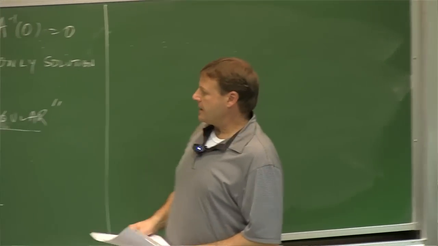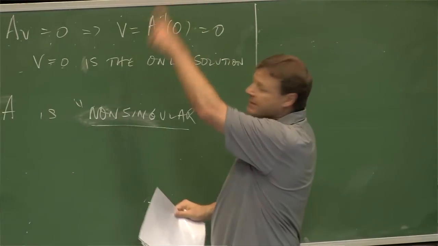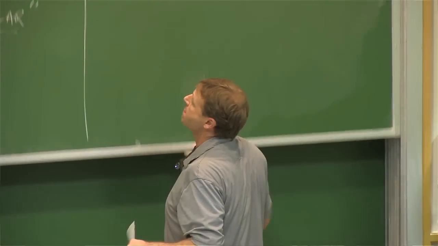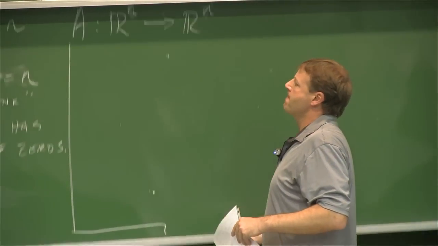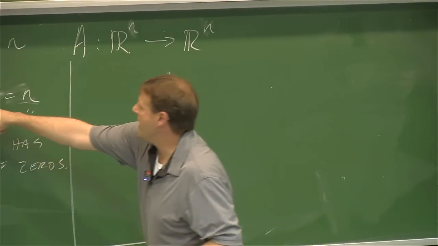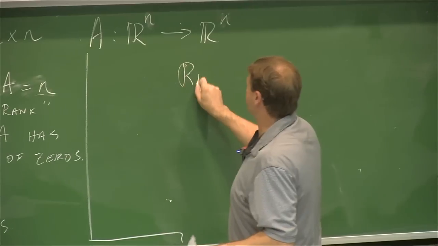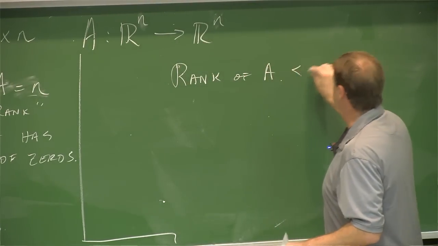Okay, well, if there's non-singular, then there's going to be singular. And singular is going to be the opposite of all these. So I'm going to write all those up there. Okay, so if a rank of n is not equal to n, then it's less than it. That's the other possibility. So the rank of A is less than n.